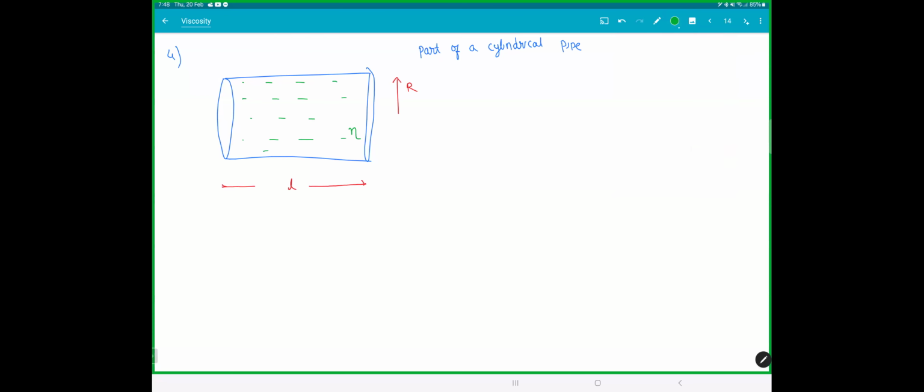Viscosity is eta. Now tell me one thing, if there is a viscosity, meaning you need to apply some pressure to move the liquid. So P1 is the pressure and P2 is the pressure here. So P1 minus P2 is the pressure difference across the pipe. Because there's a viscosity, you have to apply pressure difference or else the liquid won't flow.